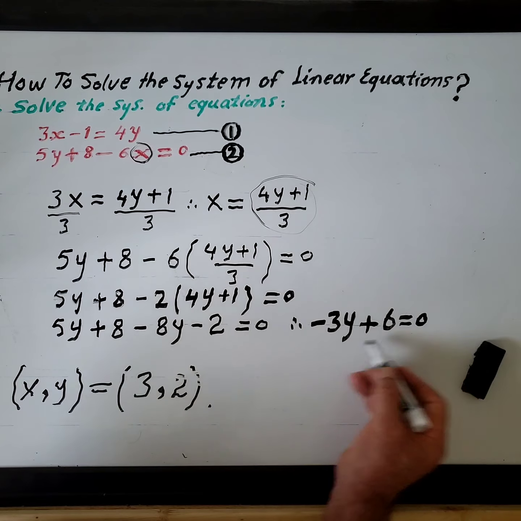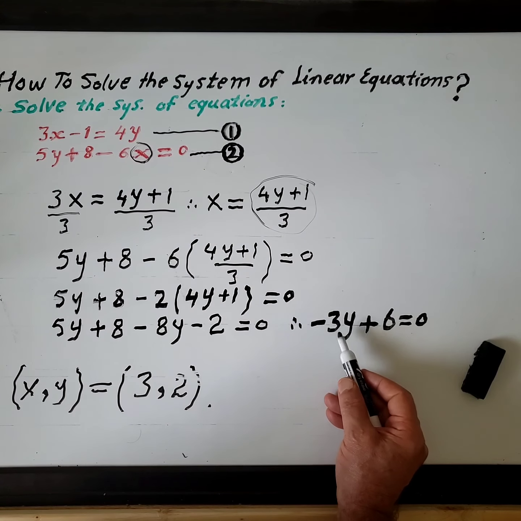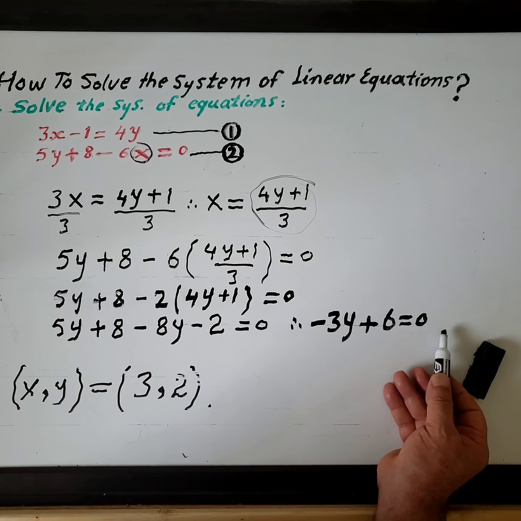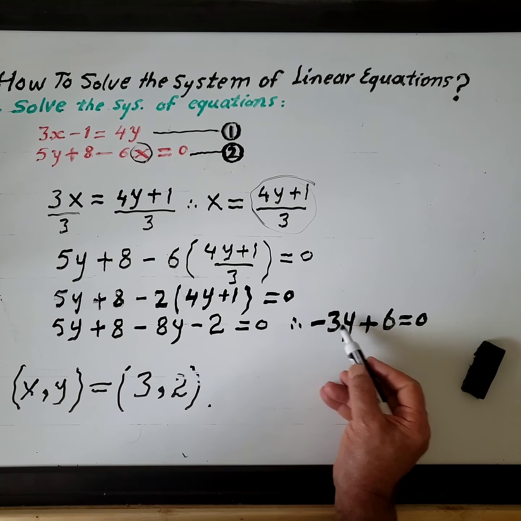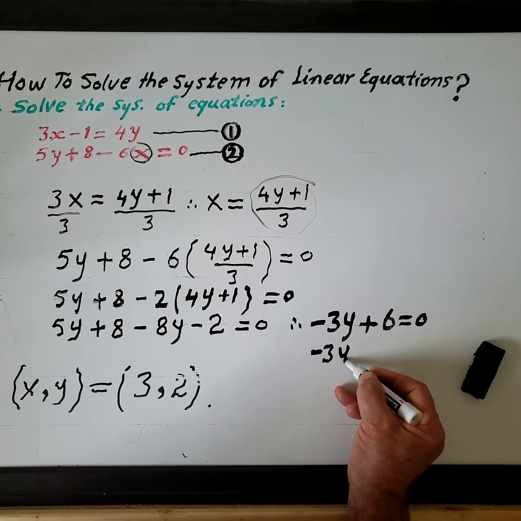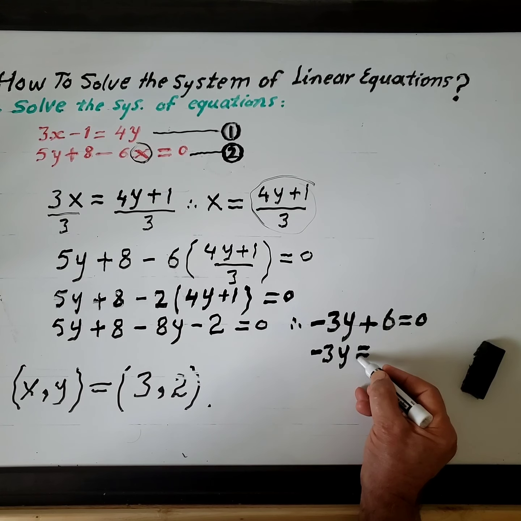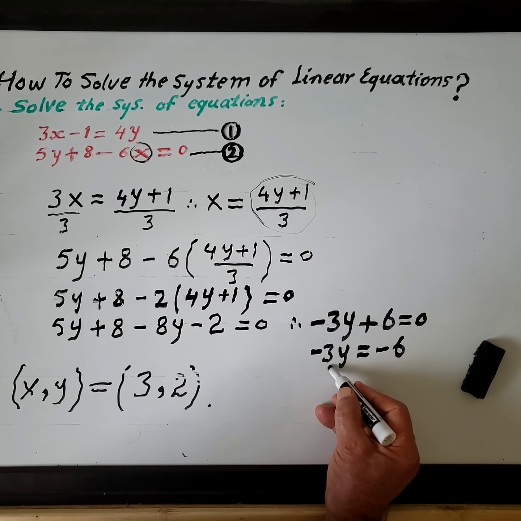So this simple equation with y only, we can solve it by moving 6 to the other side, then divide on the coefficient of y, like this. Minus 3y is equal to minus 6. Then divide both sides on minus 3.